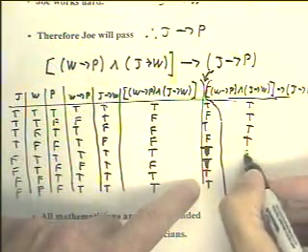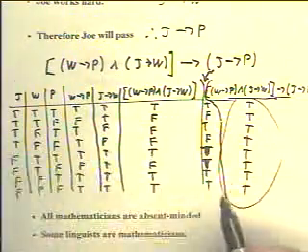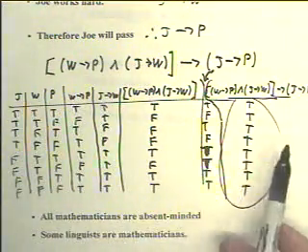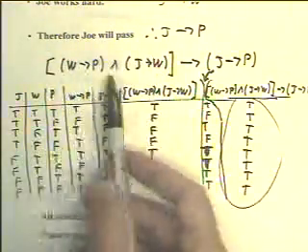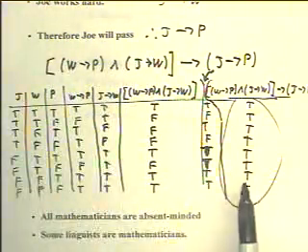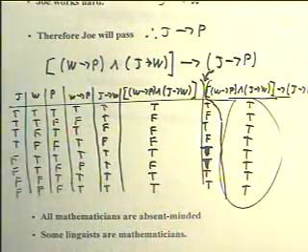And we see that our final truth table, where we evaluate the entire argument, comes out to be true in every case. So this argument is a tautology. It's true in every case, and that means it's valid. So it's true in every possible case.